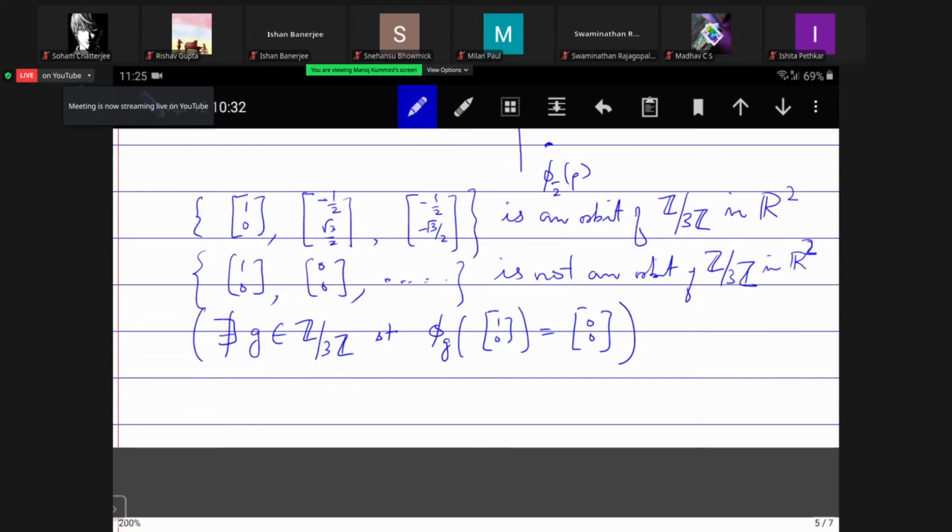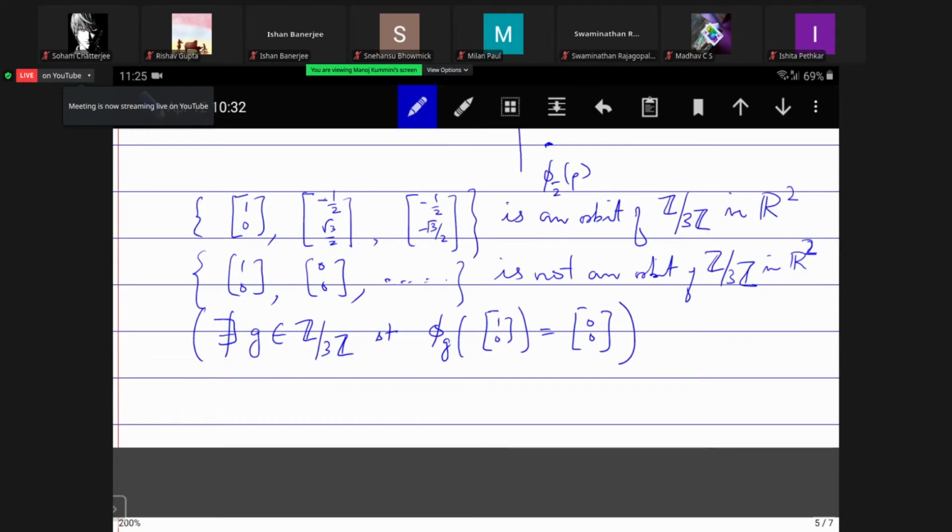We may want to consider some subset of R2 in which some element can give all the other elements by this group action without specifying what that element is.